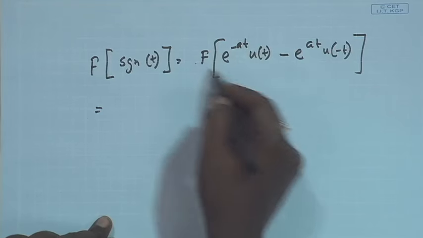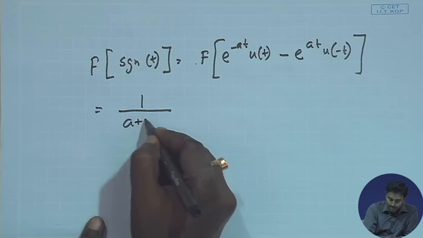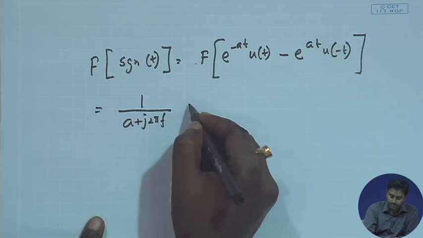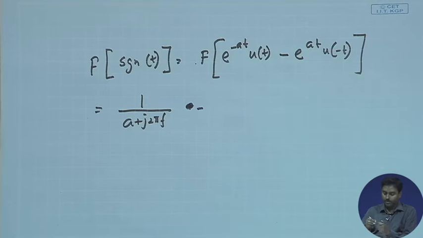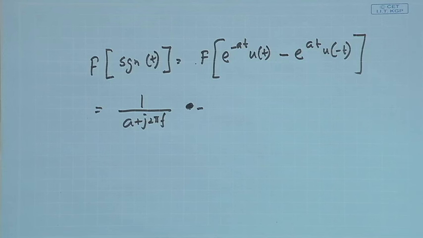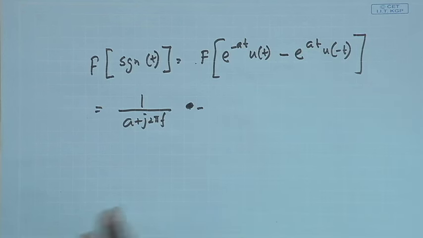So, I can do a Fourier transform of this one, which is nothing but 1 by a plus j 2 pi f. Similarly, you can evaluate this one also, e to the power a t u(minus t). That is very easy. If you just take this integration and replace minus t by t, just take a dummy variable z equal to minus t, it will just become this.